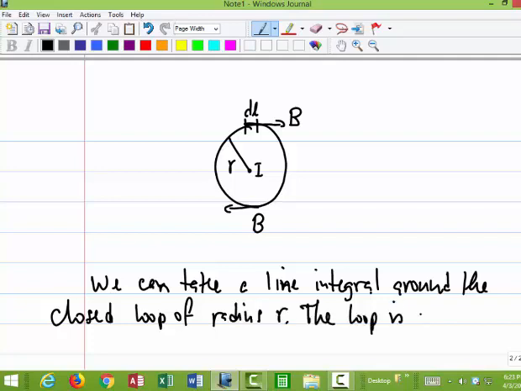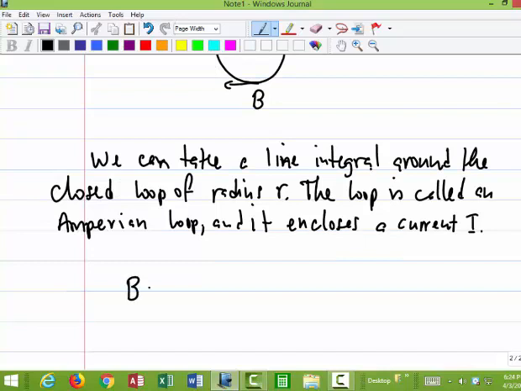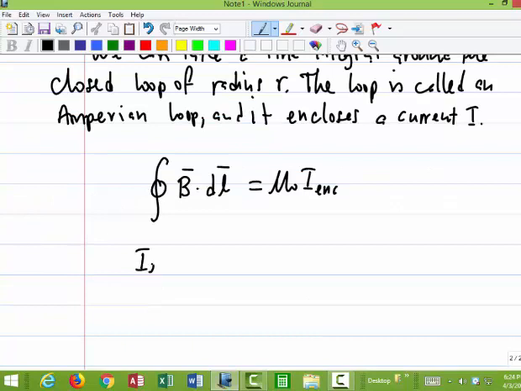The loop is called an Amperian loop, and it encloses a current I. So the magnetic field at a point is given by the integral over the closed loop of B dotted with the line segment dl, equal to mu naught times the current enclosed. I enclosed is equal to the current in the Amperian loop.